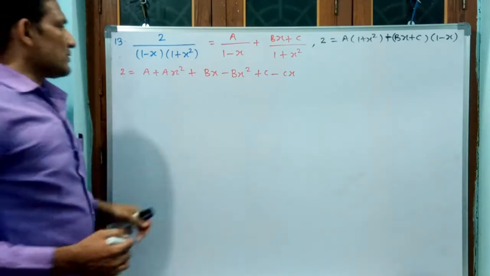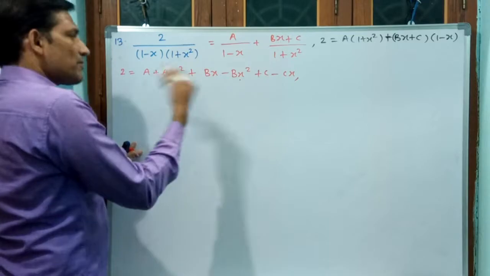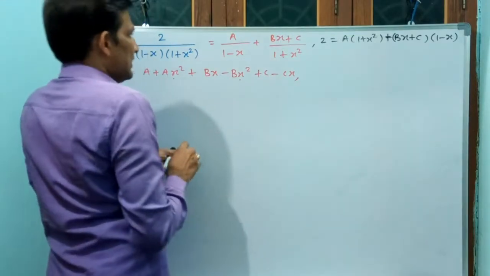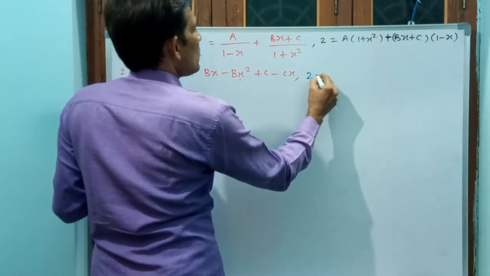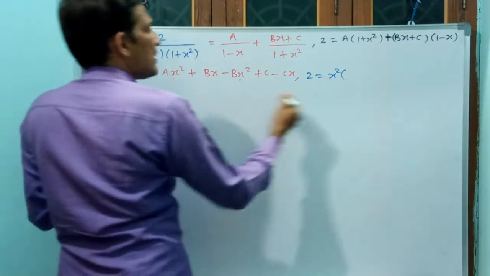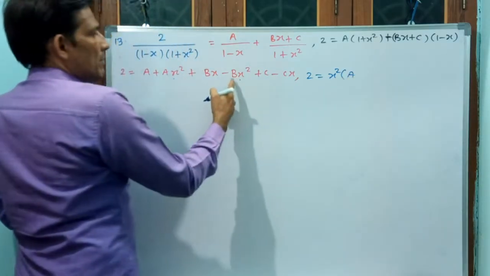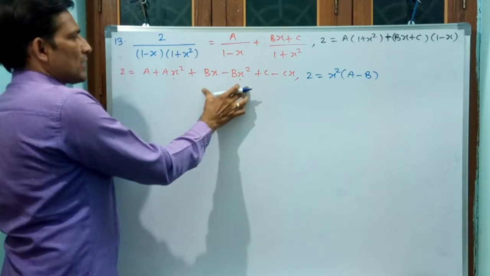Now the x square terms, afterwards x we will take. See how I am taking here. The x square term, if I take common, a is there, minus b is there. Minus b. The x square terms are over.